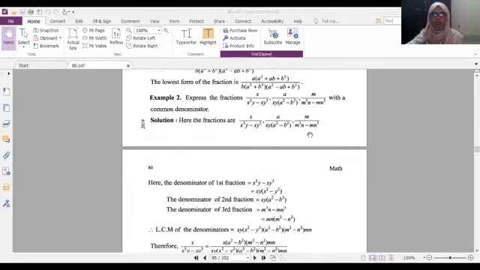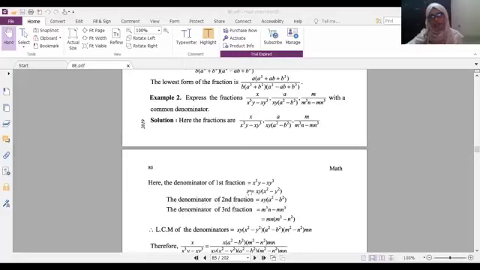Now go through the solution. Here the fractions are these. Now the denominator of the first fraction is x cube y minus x y cube. Here we see that xy is common. If xy is common, then this expression will be xy into x square minus y square.